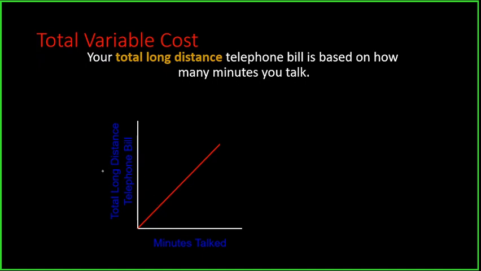Like for example, your phone bill. The more minutes that you talked with the other person, you will have more cost. So that is what you call your variable cost.